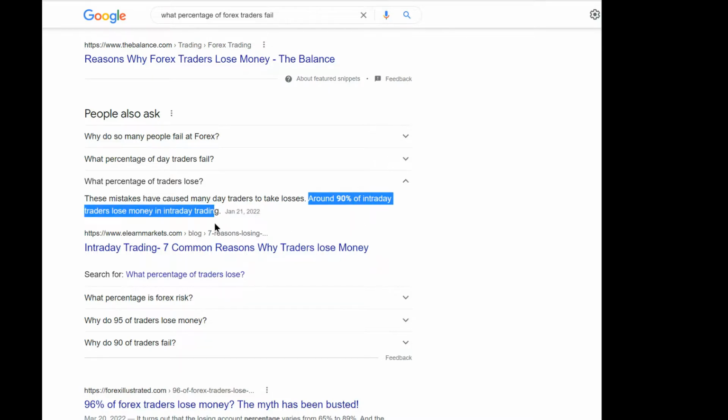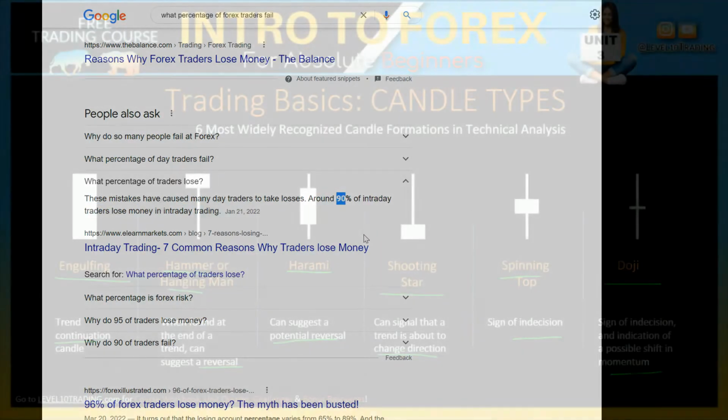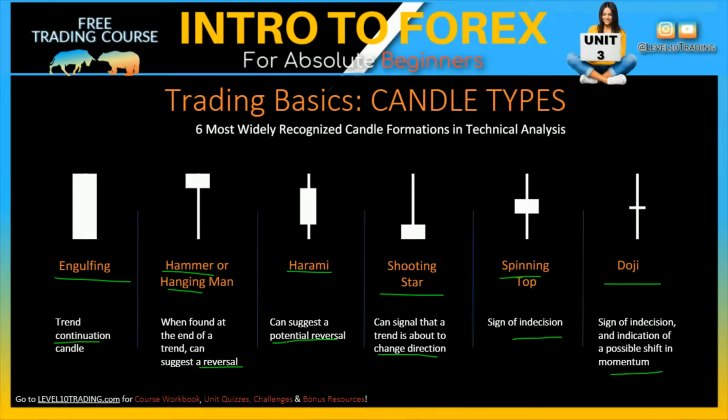If they are all learning the same dirty dozen types of basics and trading those, and 90% of them are still failing, you might want to stay away from those as part of your strategy.